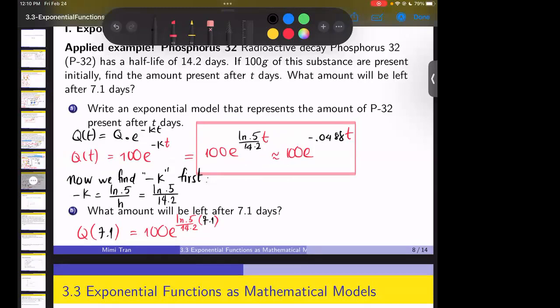Something's wrong. I'm expecting 50 grams. I'm expecting 50 grams if that's the half-life. What did you guys have?